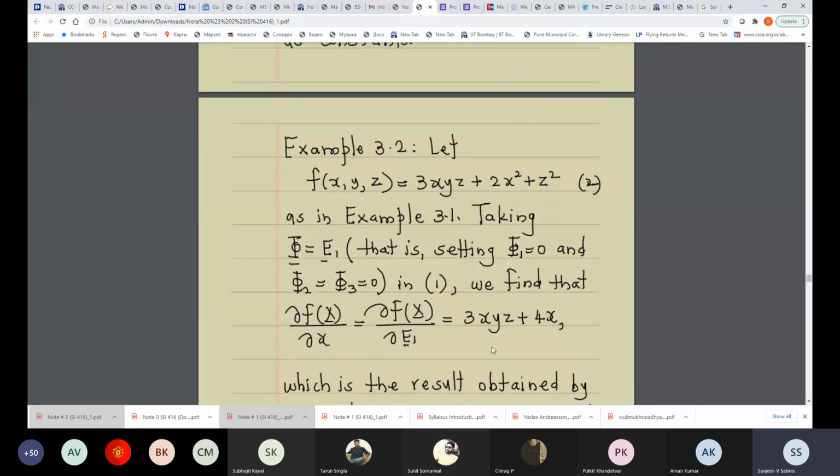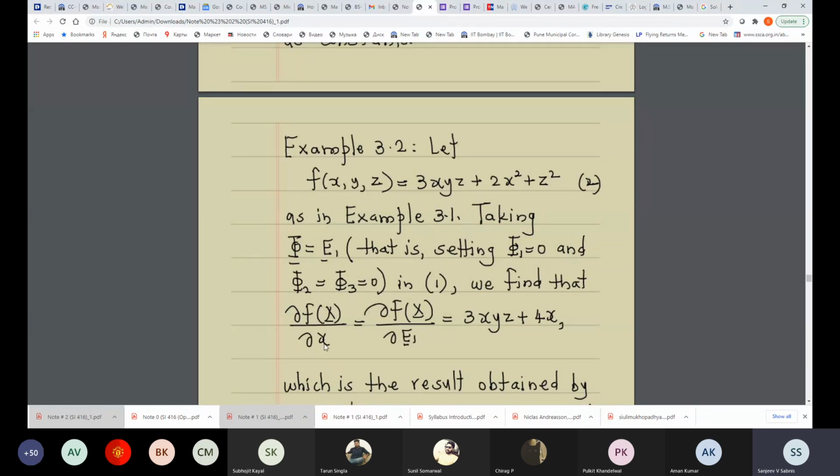Okay, so again, let's quickly go through this. Taking phi to be equal to E1, that is setting phi1 equal to 1, this is a typo, and phi2 and phi3 equal to 0, in 1 this is what we obtain. So the partial derivative of f with respect to x, holding y and z fixed. Again, I think maybe there is a typo here.